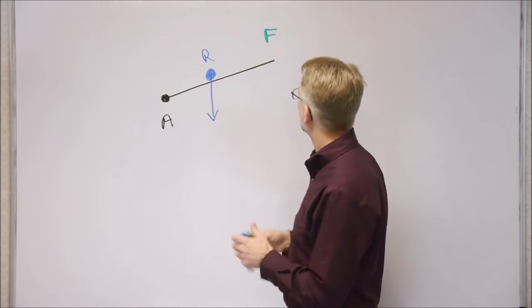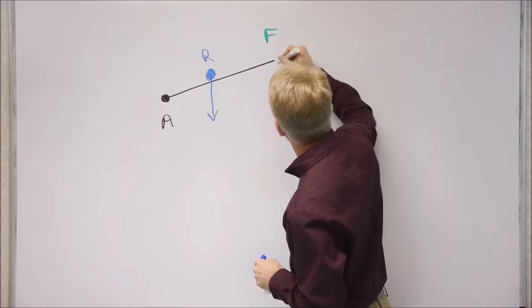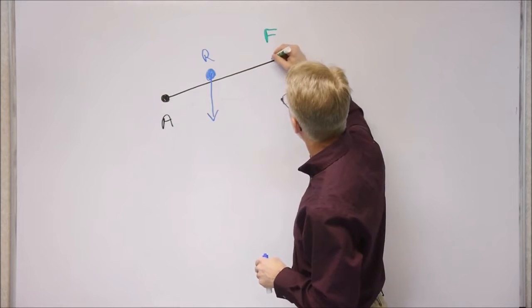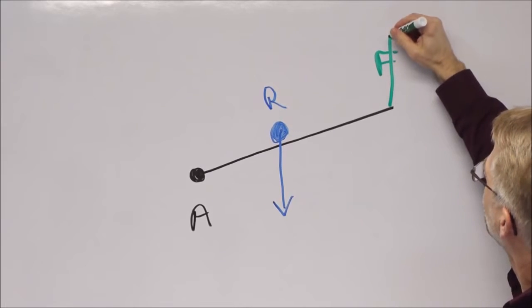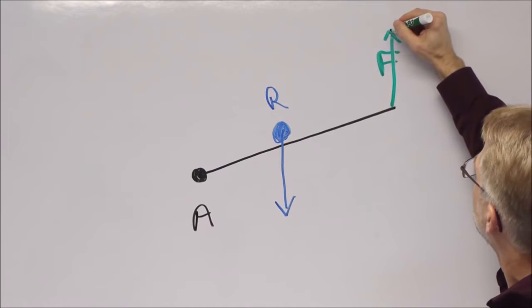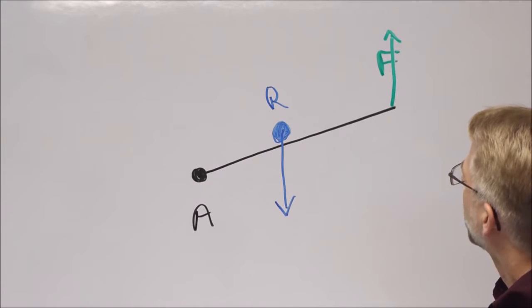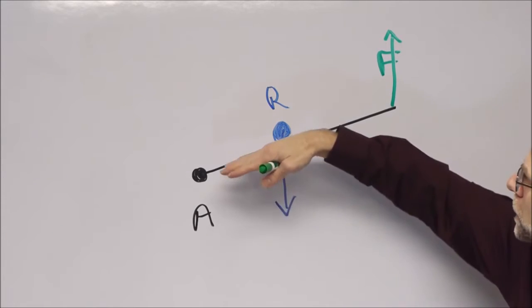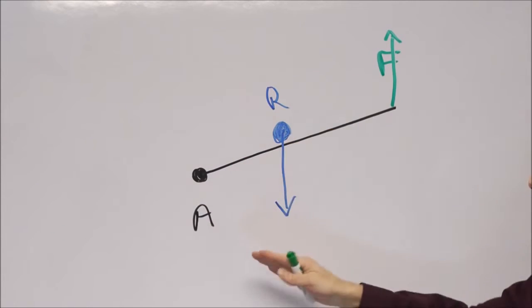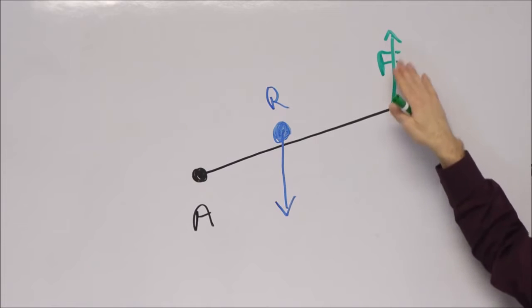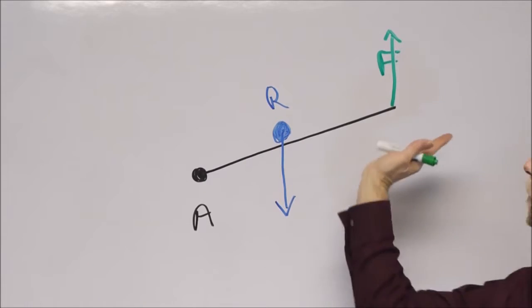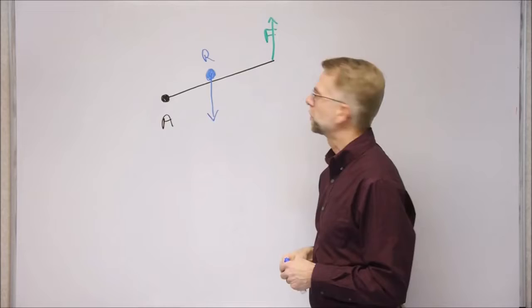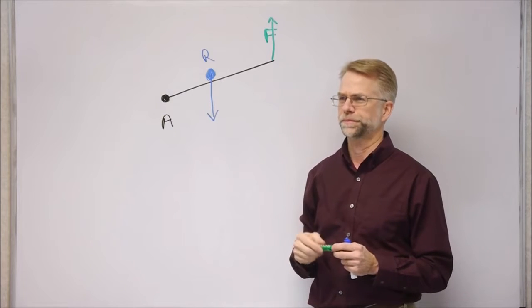On the other hand, I could have a force over here where it's applied to the end of the lever, and that force is shown by this vector going up that way. And so you can see here we have resistance that is pushing this lever around its axis downward, but then we have a force that is applied to rotate the lever in the opposite direction.